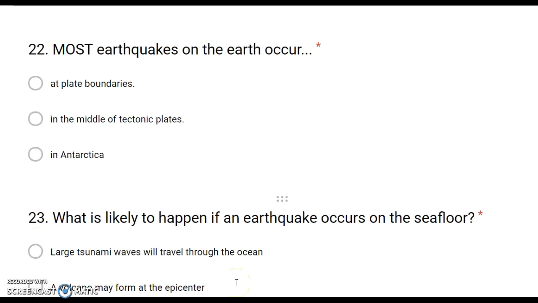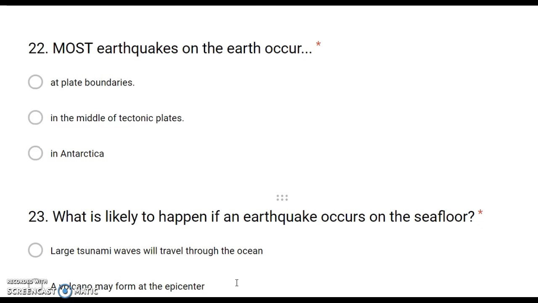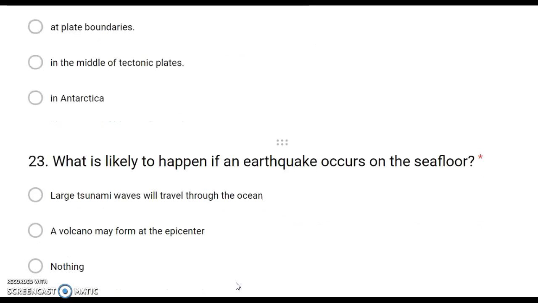Most earthquakes on the Earth occur at plate boundaries, in the middle of tectonic plates, in Antarctica. And 23. What is likely to happen if an earthquake occurs on the seafloor? Large tsunami waves will travel through the ocean, a volcano may form at the epicenter, or nothing.